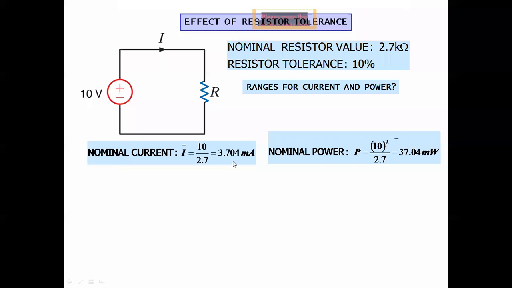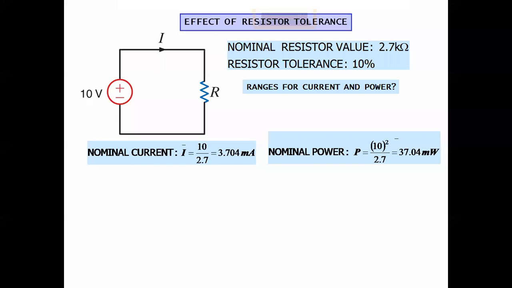We'll get the current as 3.704 milliamperes. Why milliamperes? Because the resistance is 2.7 into 10 raised to 3, so in division it becomes 10 raised to minus 3. That's why you get the current as 3.704 milliampere.